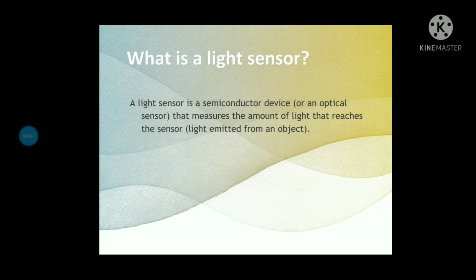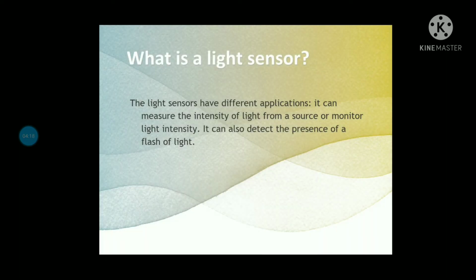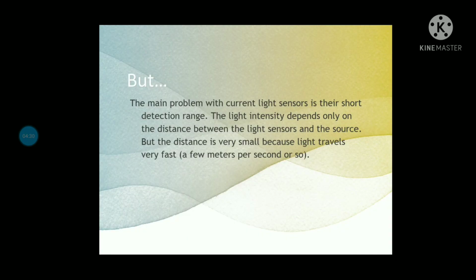A light sensor is a semiconductor device, or an optical sensor, that measures the amount of light that reaches the sensor. Light sensors have different applications. They measure the intensity of light from a source, or monitor light intensity. They can also detect the presence of a flash of light.